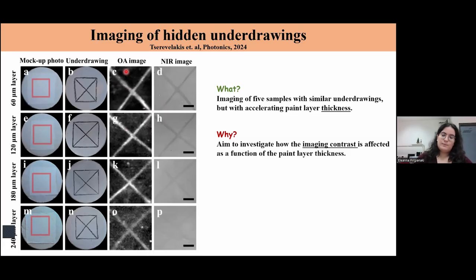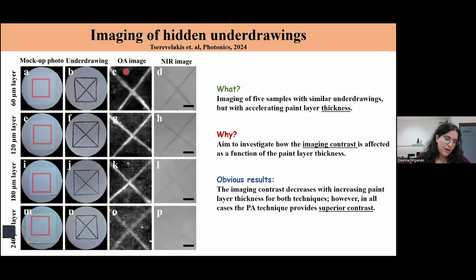So, as you can see, the photoacoustic image can give a far better imaging contrast compared to what NIR can give, even for the most difficult situation of the highest thickness of 240 micrometers layer.